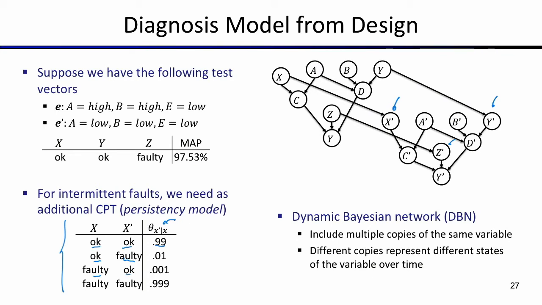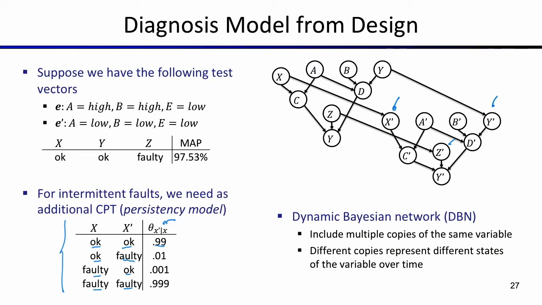It's going to be 0.001 probability, and staying faulty is going to be 0.999. So this is what we call the transition probability of the persistency model. And it's going to apply not only for X prime, but also Y prime and Z prime.